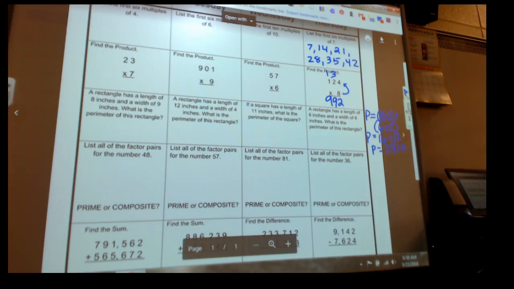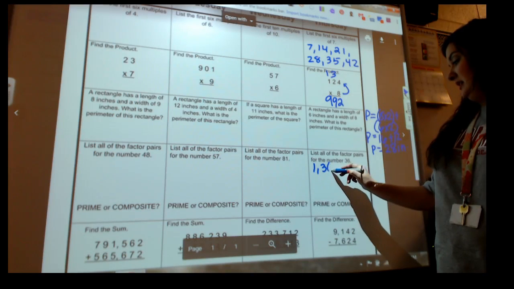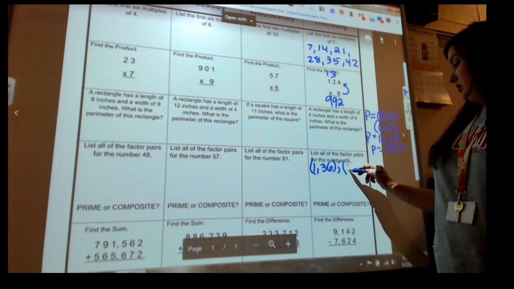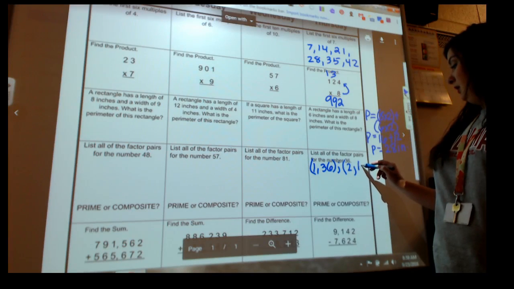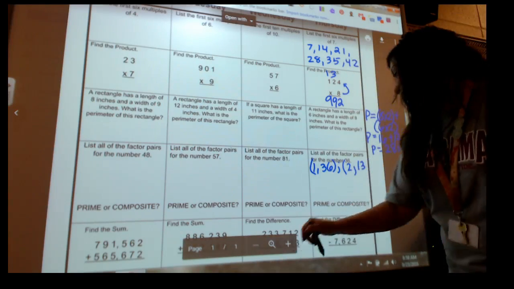List all the factor pairs of 36. You should have 1, 36. 2, 18. I'm sorry, not 13, 18.